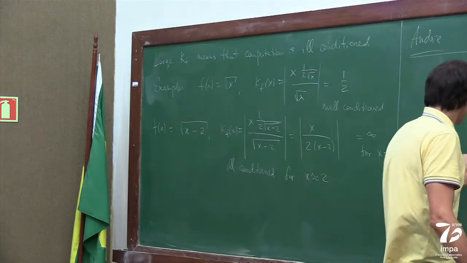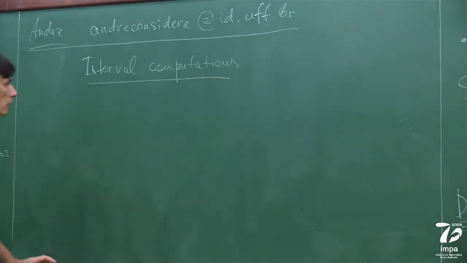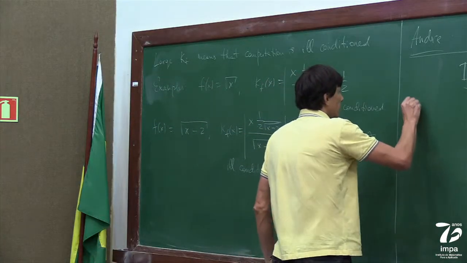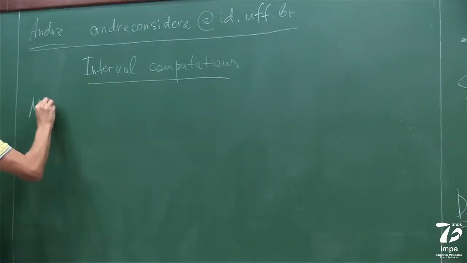This is a rather big trend already. So what does it mean? It means that we need to have mathematically rigorous computations.